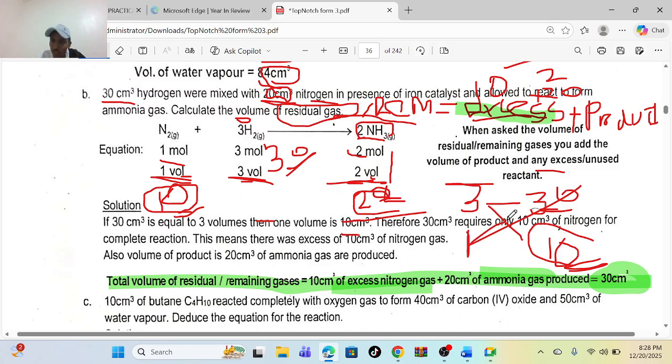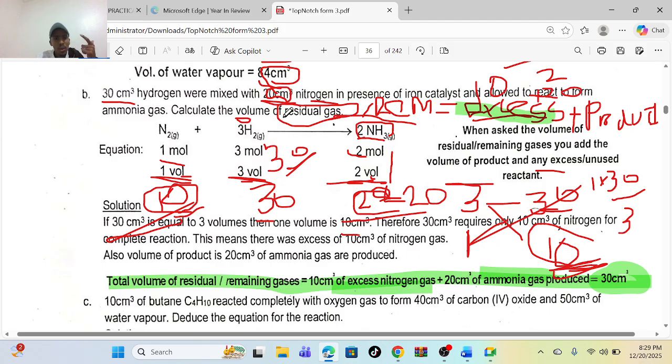So itakuwa cross multiply. 1 times 30 divided by 3, and that is 10. So hydrogen sasa ni 30. Hii itakuwa 1 times 10 itakuwa 20, hii sasa itakuwa 20. Na hii itakuwa 1 times 10 itakuwa 10.